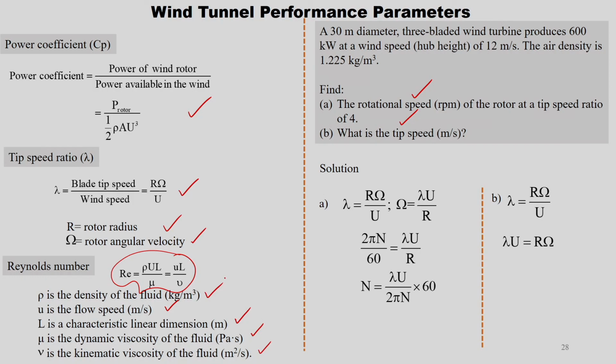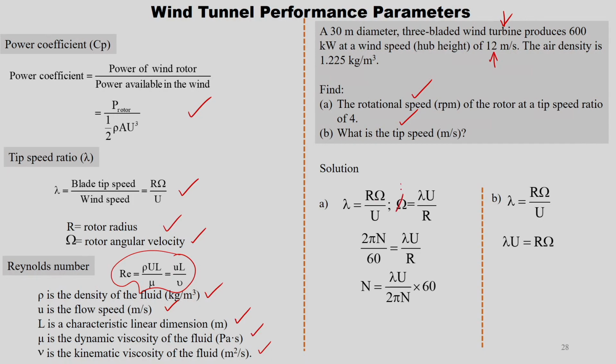So, here the problem given is a 30 meter diameter, 3 bladed wind turbine that produces 600 kilowatt at a wind speed of 12 meter per second, air density is given. We are supposed to find out the rotational speed of the rotor at the tip speed ratio of 4, and then what is the tip speed in meter per second. So, the tip speed ratio lambda is nothing but r omega upon u.